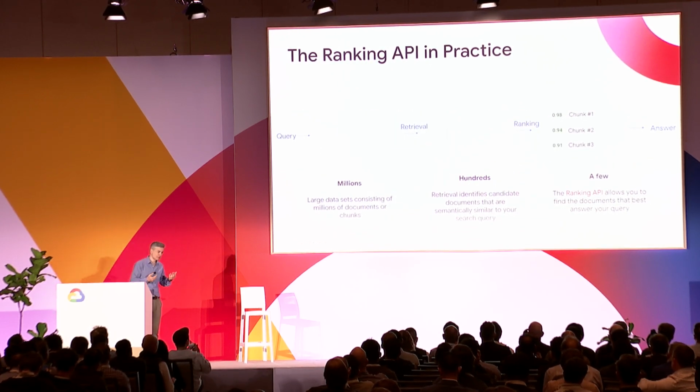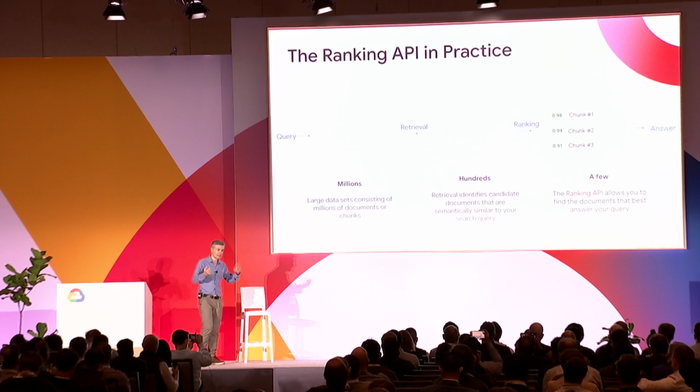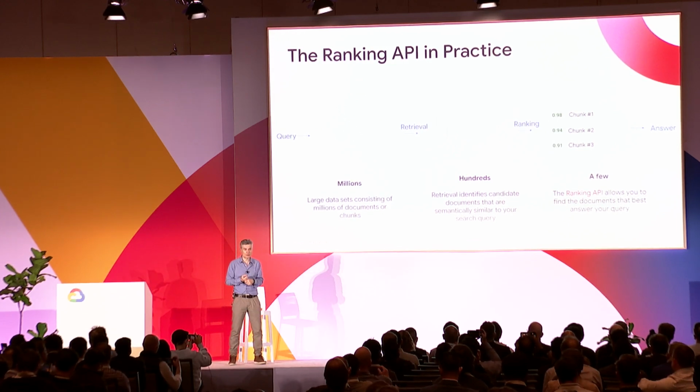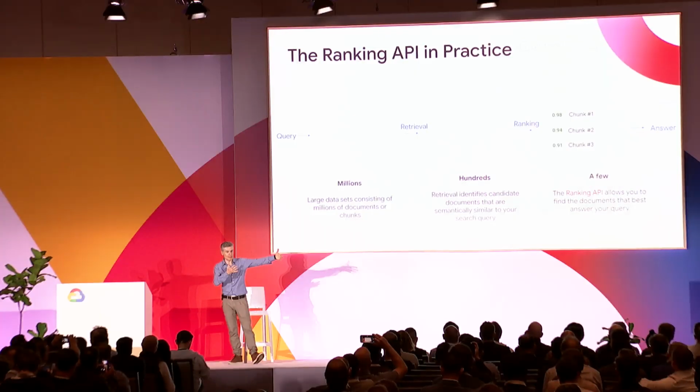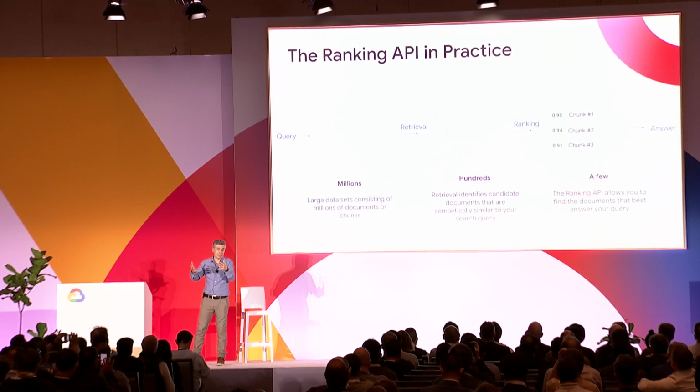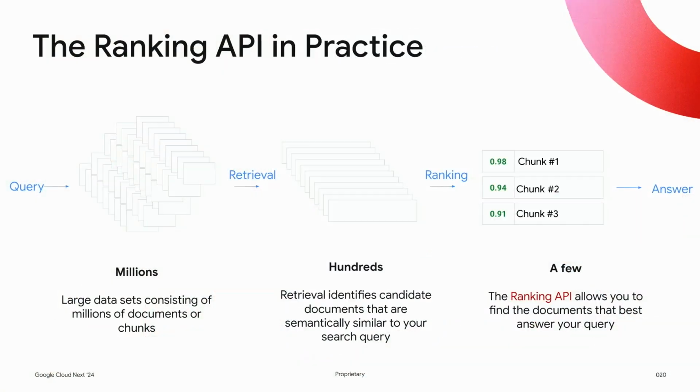And that's a practice that we use a lot within Google and in most of the domains where there is a lot of data involved. You have the retrieval stage where you go from millions of documents to a few hundred, and then you use a more expensive ranking step to re-rank those results with respect to how useful they are for answering the question. And this is what the ranking API is doing.